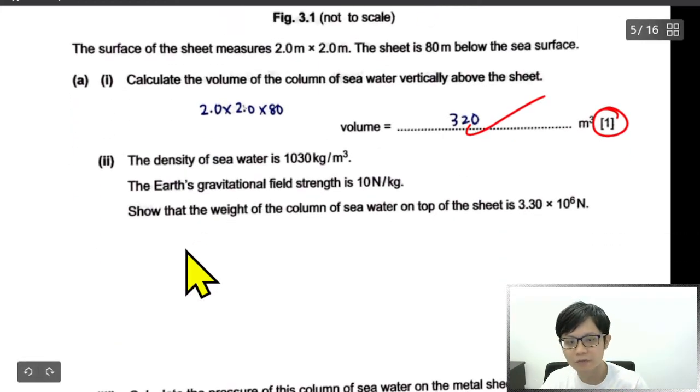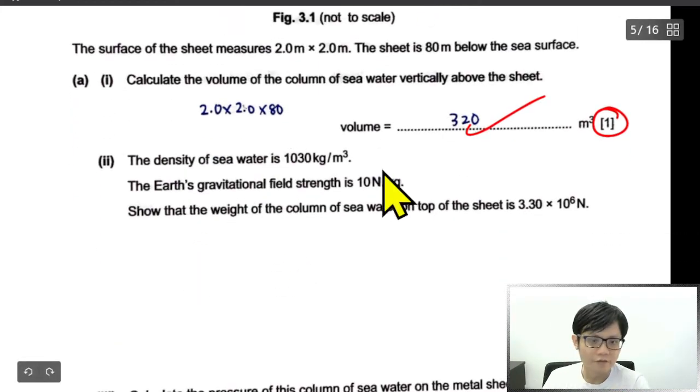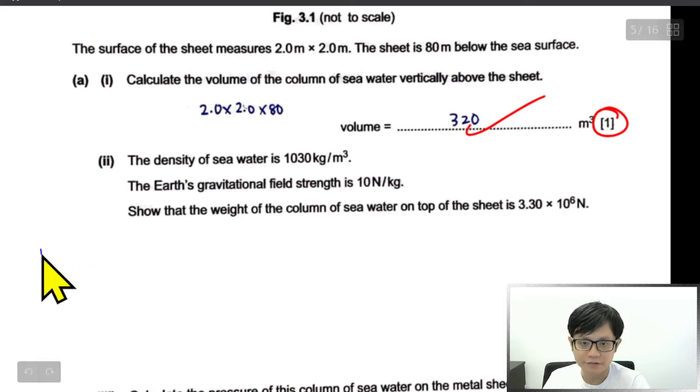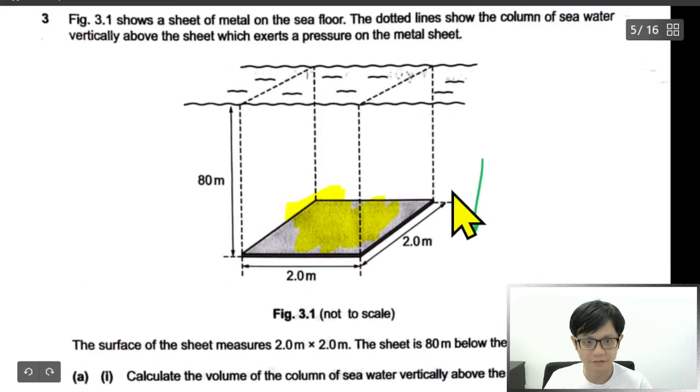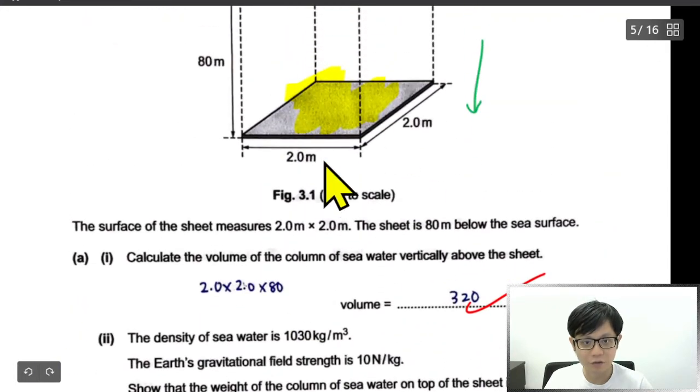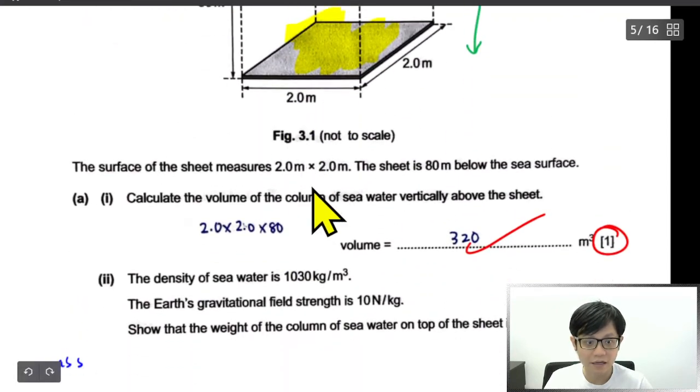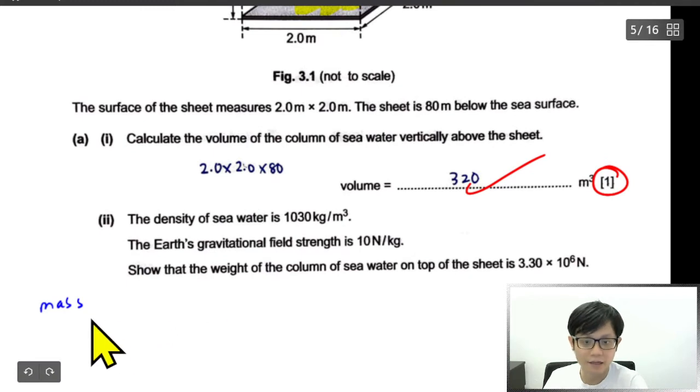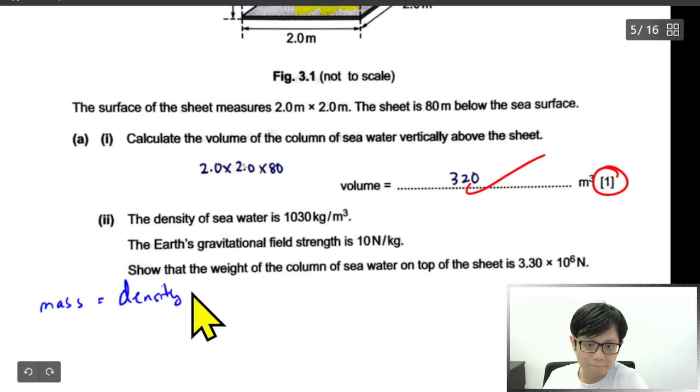So what formula should I use? Okay, first we need to find the mass. What is the mass of this whole thing? Mass equals density times volume.